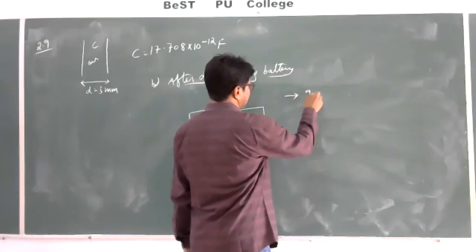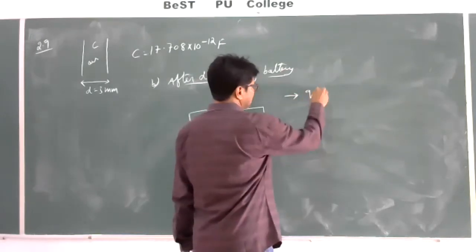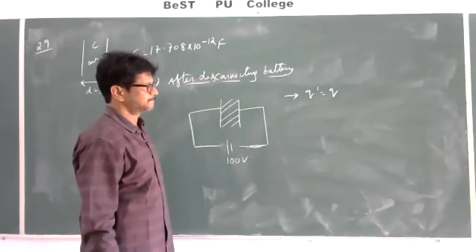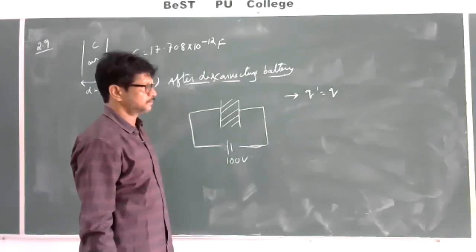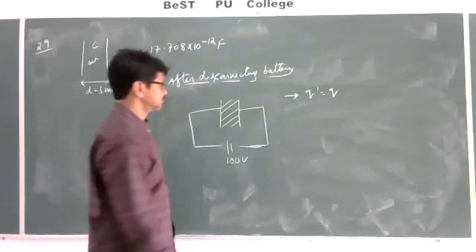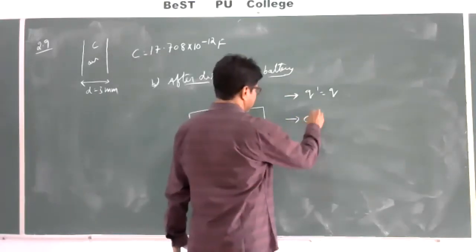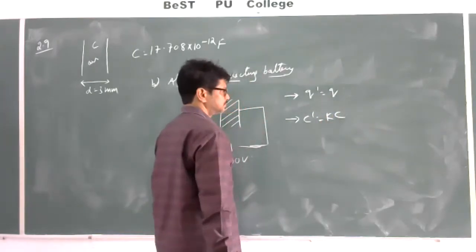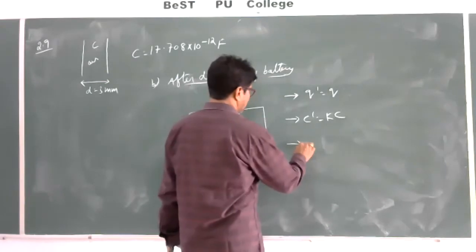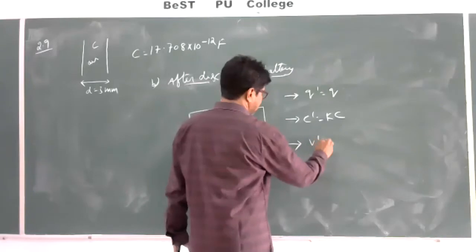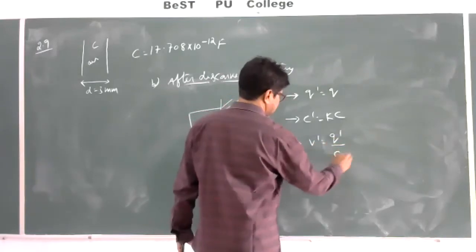The charge remains constant. Q dash is equal to Q. What happens to the capacitance? C dash is equal to Kc. What happens to the potential difference? V dash is equal to Q dash by C dash.